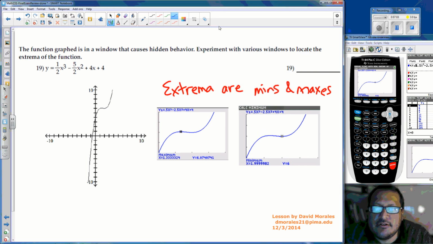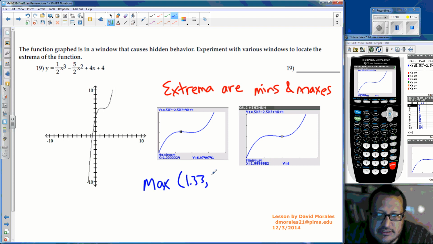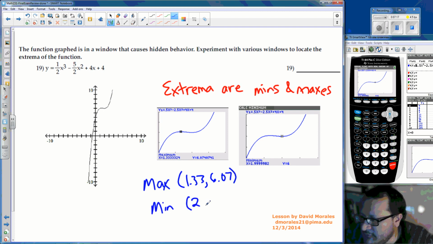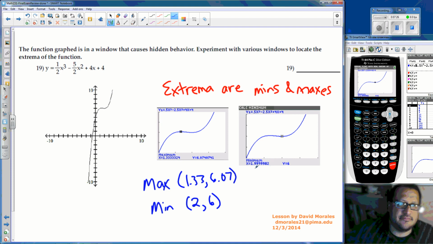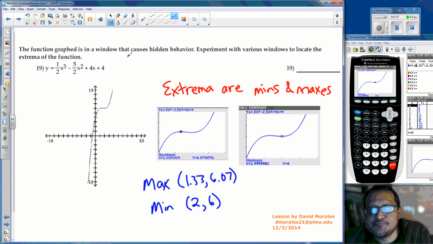Our max is 1.33, 6.07. Our min looks like 2, it'll say 2 also, 2.6. So there's round off error here, but 1.9999, that's pretty close to 2. So that's our answers.